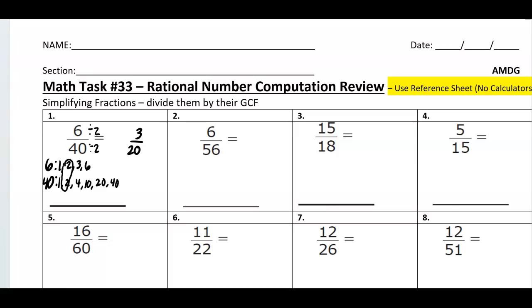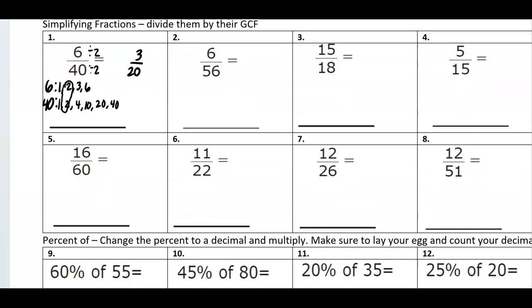Right? For the next problem, again, 16 and 60. You want to write out the factors of 16 and the factors of 60. 1, 2, 4, 8, 16. For 60: 1, 2, 3, it was 2 times 30, 3 times 20, actually 4 times 15, 20, 30, 60.